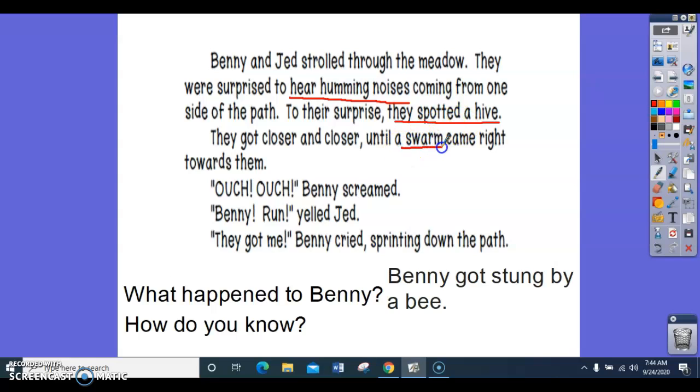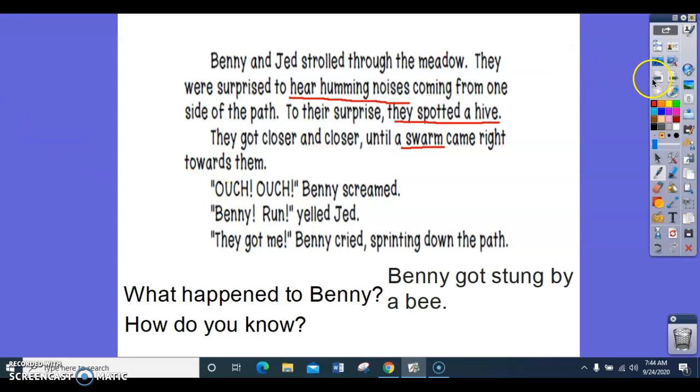They swarm, right? And so, once they swarm all together, here he said, ouch, ouch. They got me. Tells me that the bee stung Benny. Oh, if you guys were saying the same thing I said, kiss your brain. You're already doing some great inferencing today.